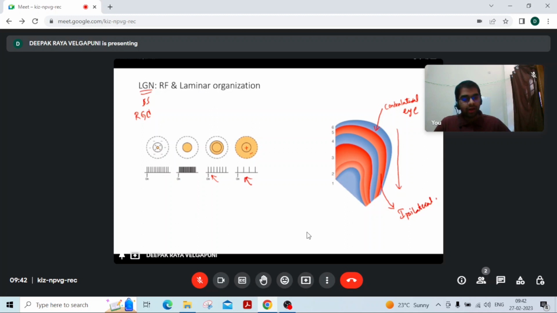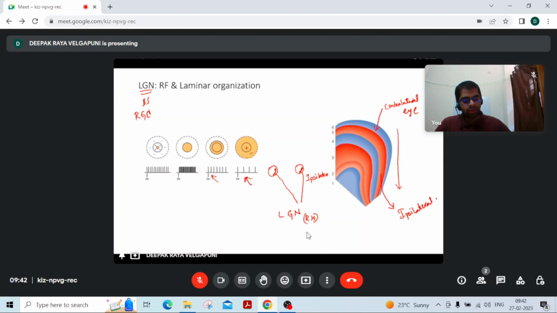You have LGN receiving inputs from two eyes, the right eye and the left eye, from, let's say, one visual field, the left visual field. If you're measuring from the right hemisphere in the brain, the eye on the right side is called the ipsilateral eye.